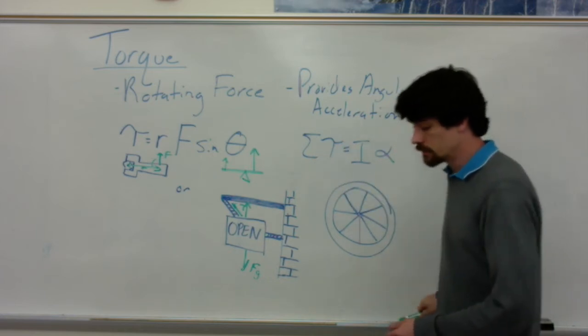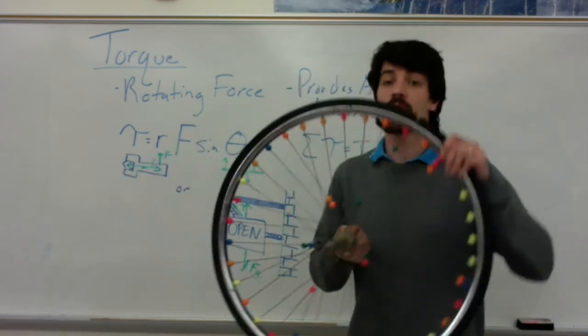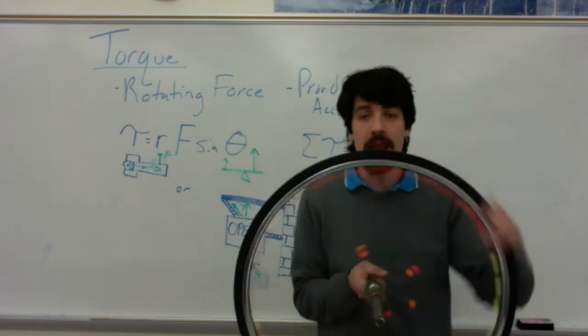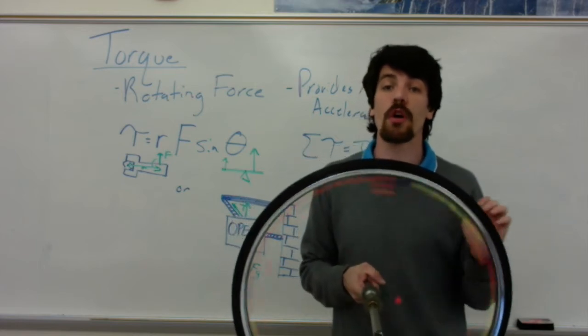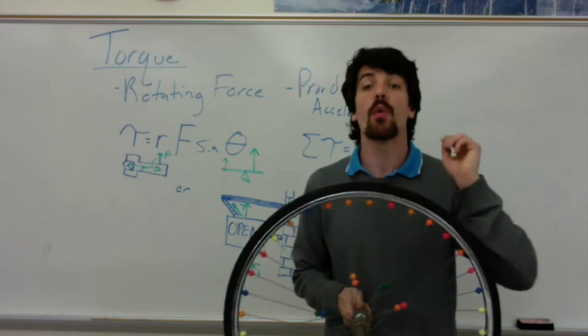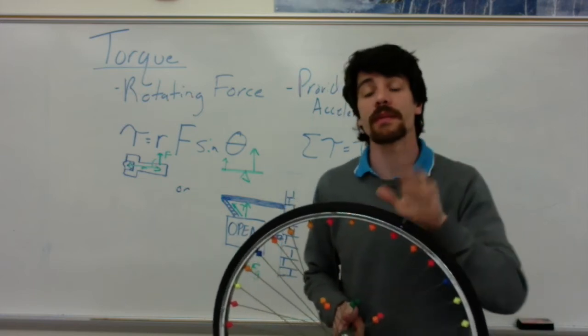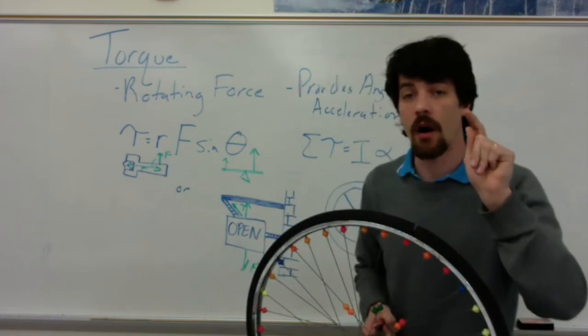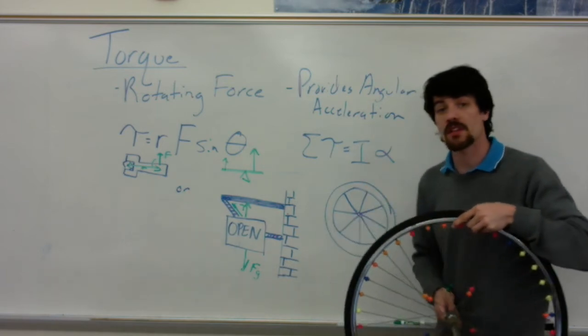If we look at a wheel like this, and I make this thing start spinning, I apply a torque to it. If I make this thing stop, I also apply a torque to it. The way in which it accelerates when I apply that torque depends on its mass and where that mass is located.